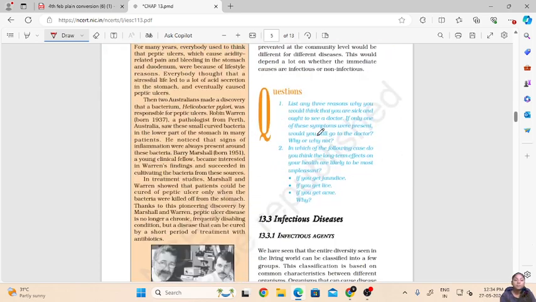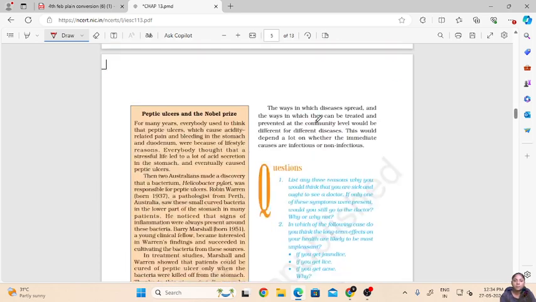Then the ways in which a disease spreads and the ways in which it can be treated and prevented at a community level would be different for different diseases. Now this is very obvious.